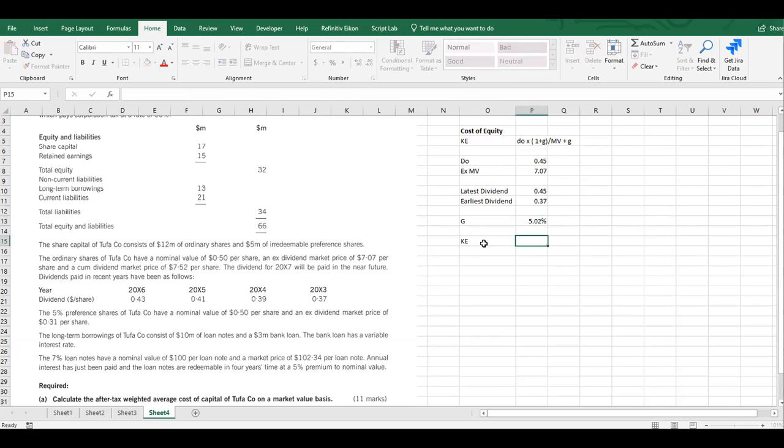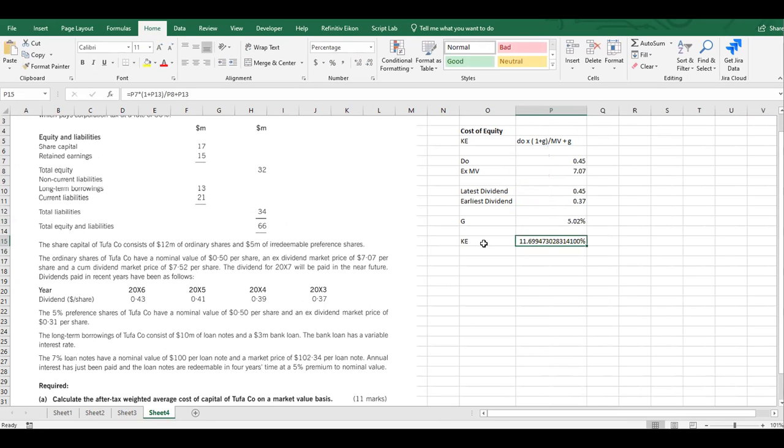So let's calculate the KE. D naught into 1 plus G, divided by market value, plus G. 11.69, 11.70.